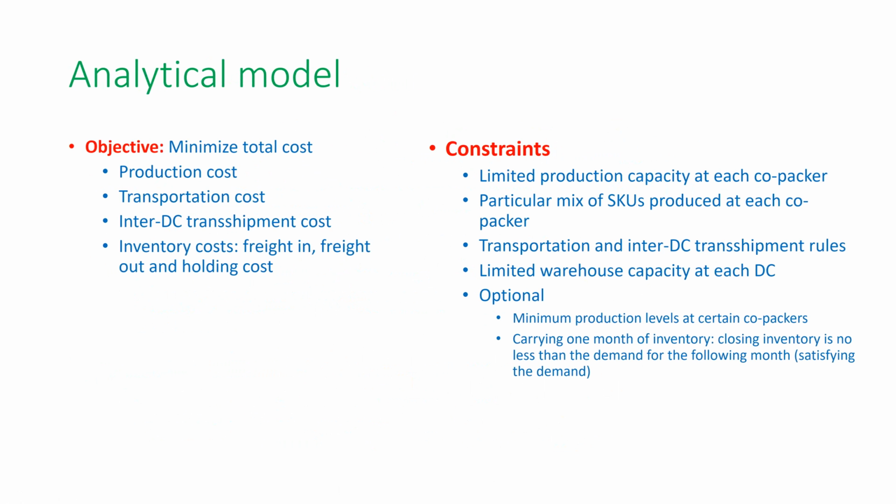And also, since the forecasts were so inaccurate, we came up with the idea: why don't we carry 1 month of extra inventory to make sure that we don't have any stockouts, and what will be the cost of it? So the model can actually find out the cost of carrying 1 month additional inventory, and you can carry 2 months, 3 months if you want.